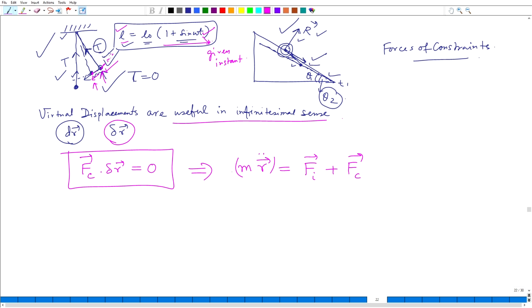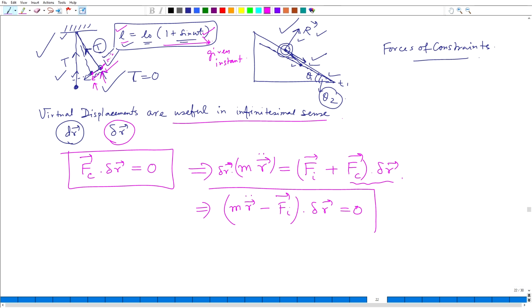Then if I contract with delta r on both sides, this term will be equal to 0, and that is why you will have m r double dot minus Fi, dot delta r, equal to 0.